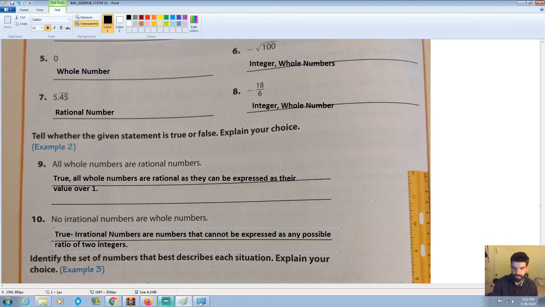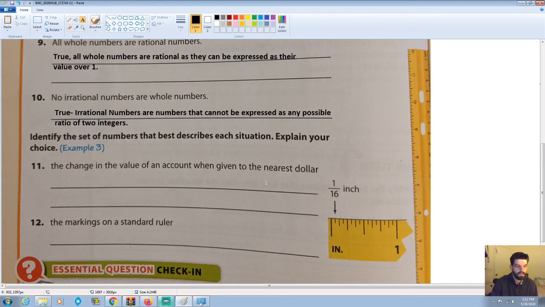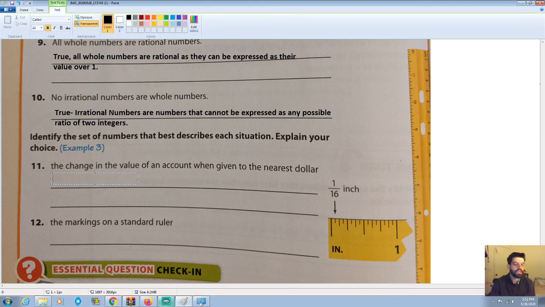Alright, let's look at the next section here. Identify the set of numbers that best describes each situation. Explain your choice. So number 11 says the change in the value of an account when given to the nearest dollar. Think of it like at the bank, where you either make a deposit or a withdrawal, and it's to the nearest dollar, so they're whole dollars.